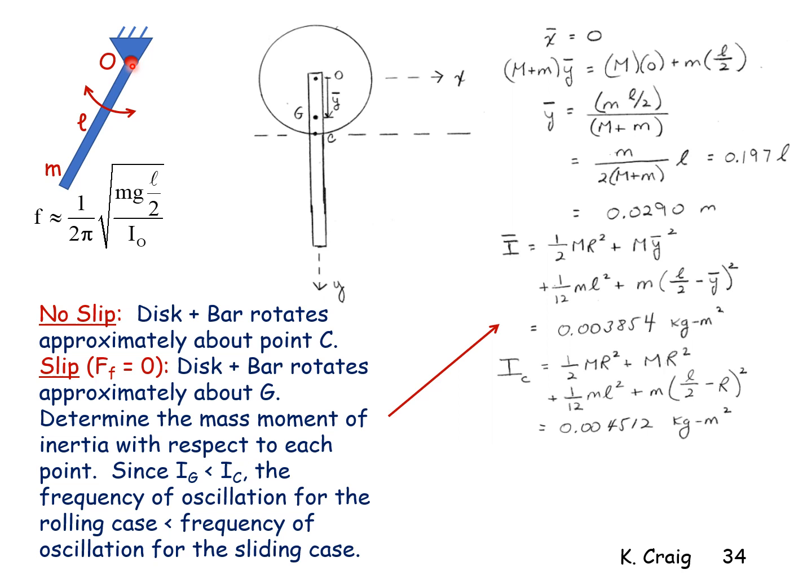So we see that the frequency of oscillation is inversely proportional to the square root of the mass moment of inertia with respect to the pivot point.